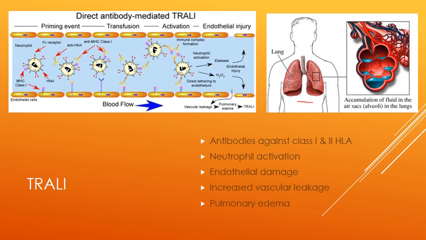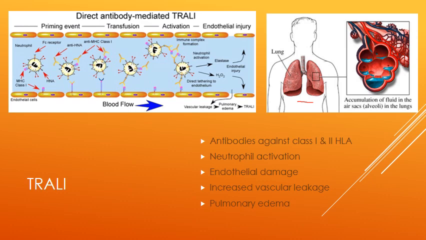what we do know is that patients who have more exposure are more likely to develop anti-HLA antibodies. So probably our most common problems are multiparous women, so women who've had many children. They're likely to have been exposed to many different types of white cells that are foreign to them, and they'll probably develop anti-HLA antibodies.